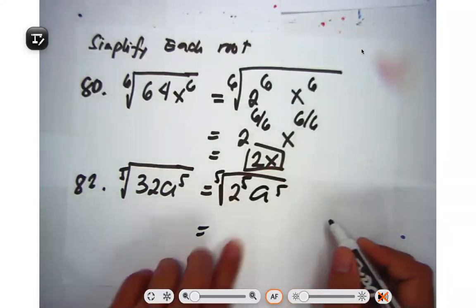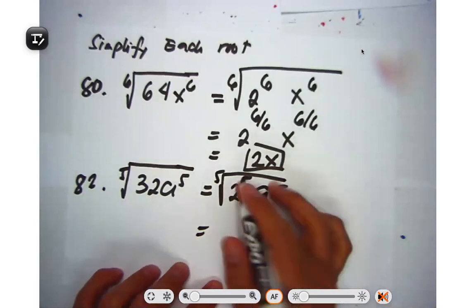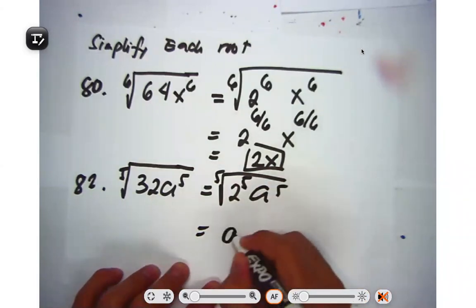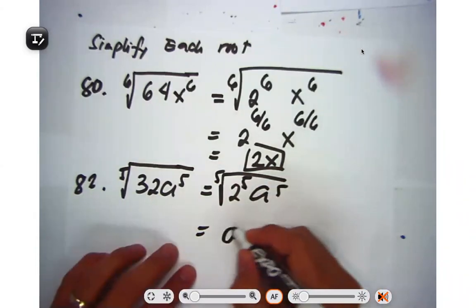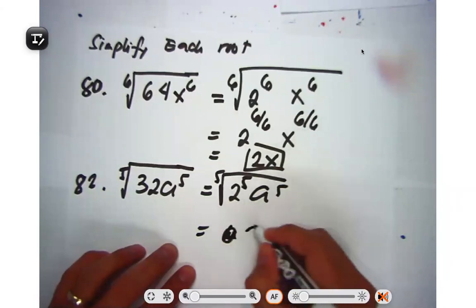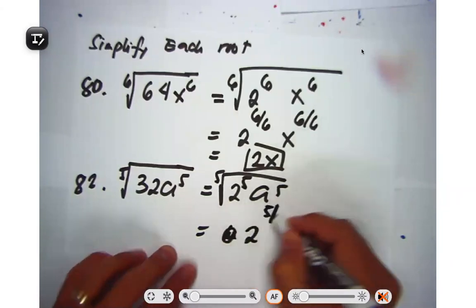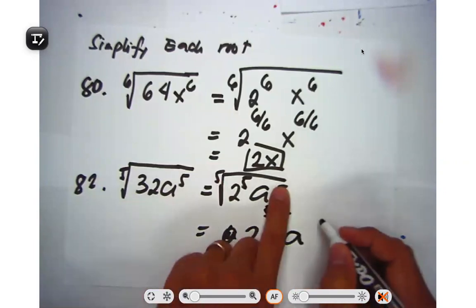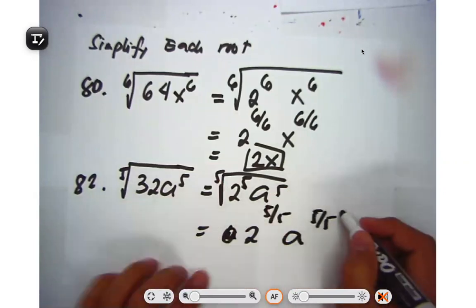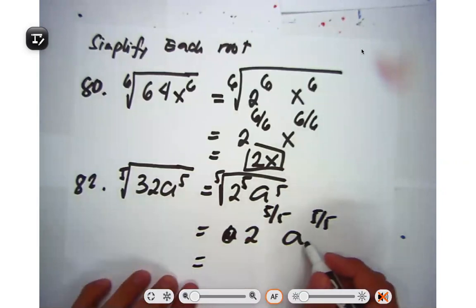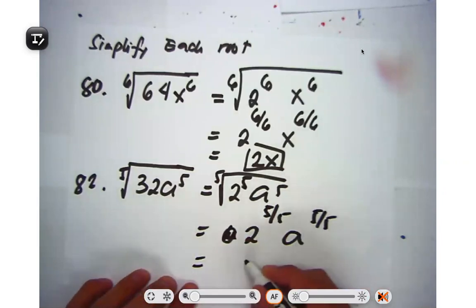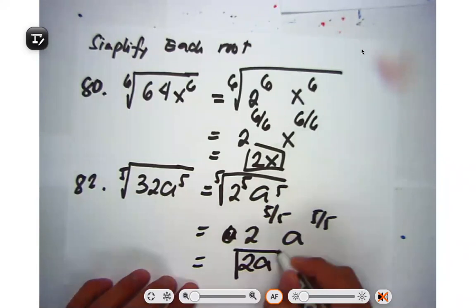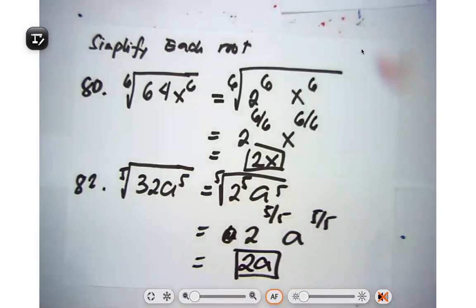In order to find the fifth root, we divide each exponent by 5. So we have 2 raised to 5 divided by 5, a raised to 5 divided by 5. And so what do we have? 2a. So you have 2a.